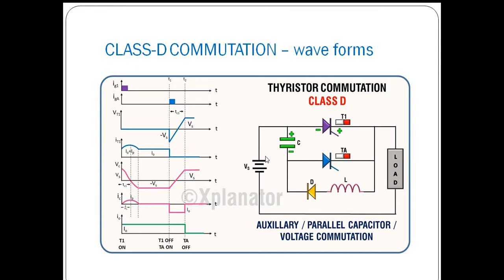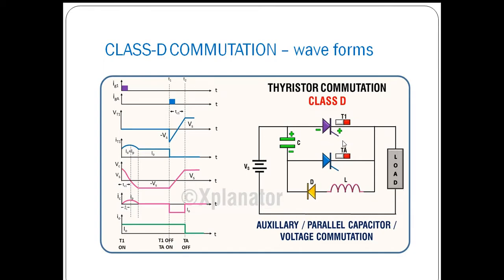So initially the supply will be applied. Whenever we are turning on thyristor T1, the thyristor T1 conducts and supply will appear across the load, and current will be flowing through the load in this closed path.